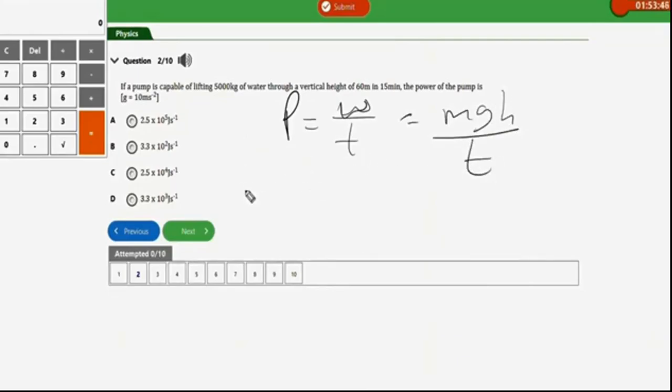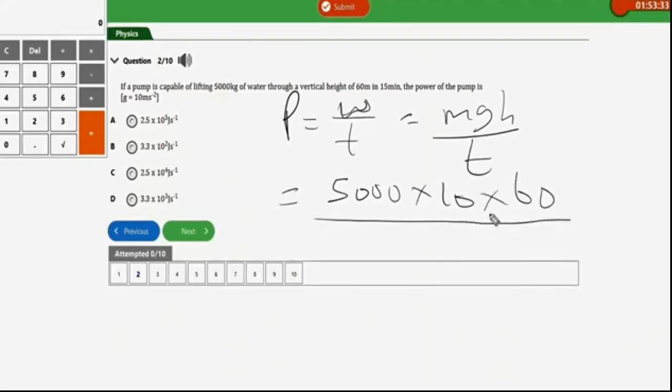In this question, when you plug in the values, the mass is 5,000 times acceleration due to gravity, 10, times our height, 60 meters, over time. Now convert 15 minutes to seconds, which gives 15 times 60. So this will cancel this.